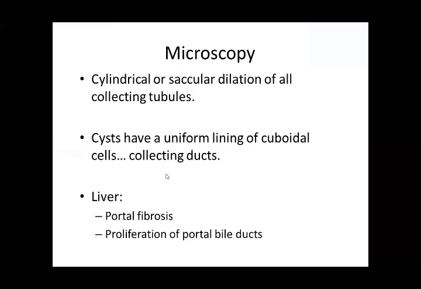We will see a micrograph in a moment, and we will see that the cysts have a cuboidal cell lining. So that is another difference between the adult type of polycystic kidney disease and the childhood type. Adult has a flattened epithelial lining, and they have portal fibrosis and proliferation of portal bile ducts that will give rise to cirrhosis in the end.